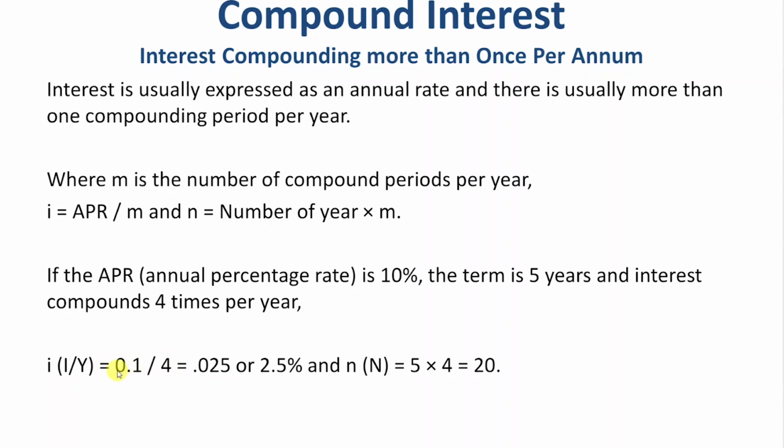Your annual interest rate here is 10% divided by 4, that's 2.5%. So every quarter you have 2.5% to compound on. And then n equals your number of years times m, which is 5 years times 4 times per year, that's 20.